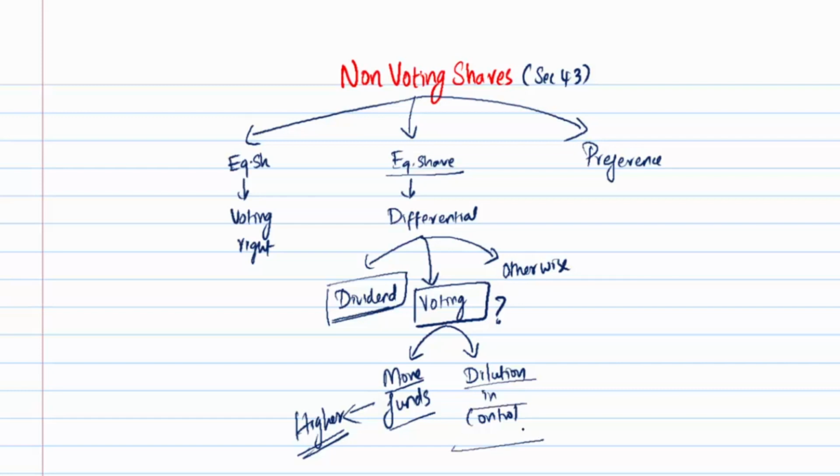So this is about non-voting shares, and there is a question: if a company wants to issue non-voting shares, are any conditions involved? Let's see one by one. Yes, there are some conditions. Condition number one is that the articles of association should authorize such an issue, I mean issuing equity shares without voting power.